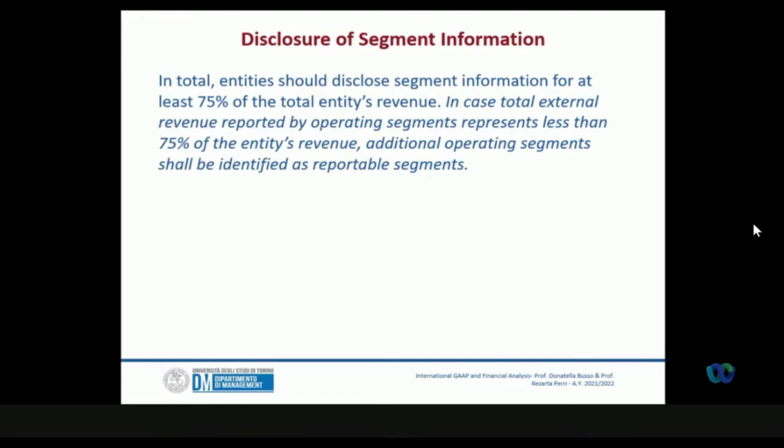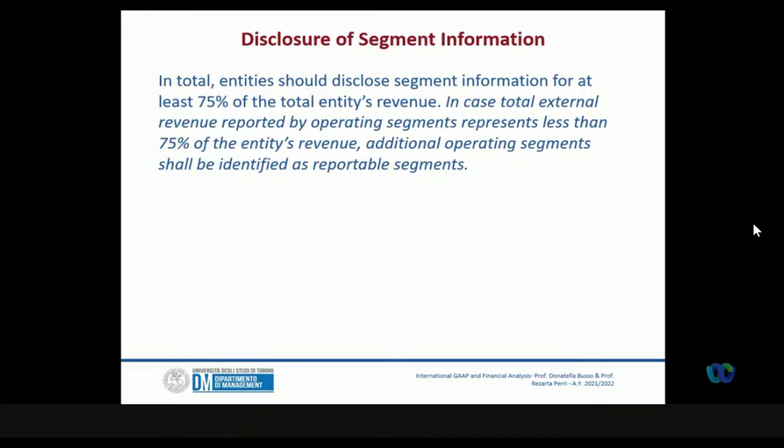Still, if the total external revenue reported by operating segments does not represent at least 75% of the entity's revenue, we should continue to identify additional operating segments to be reportable or disclosed.